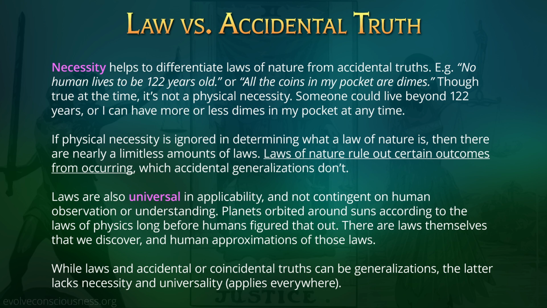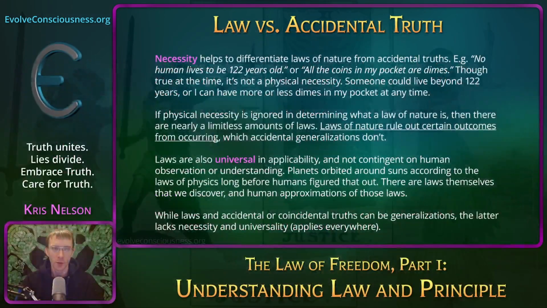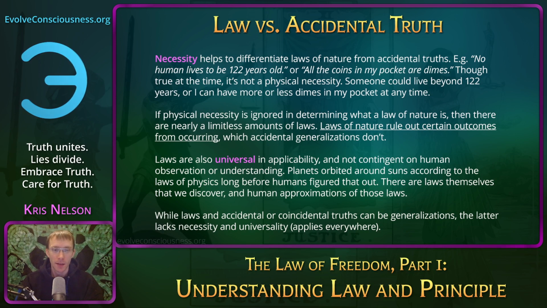For example, no human lives to be 122 years old. So far, that's been the case. I think we haven't gone up to 122 or past it. We haven't gotten to 123. Maybe it's happened before, maybe it'll happen in the future, but so far that hasn't happened. But that's not a law.